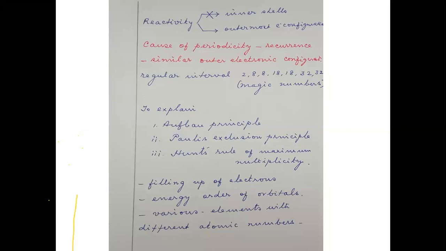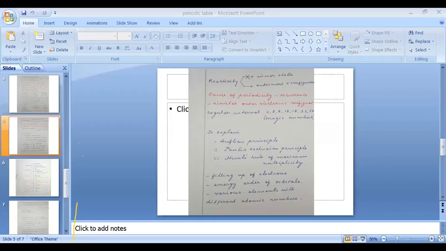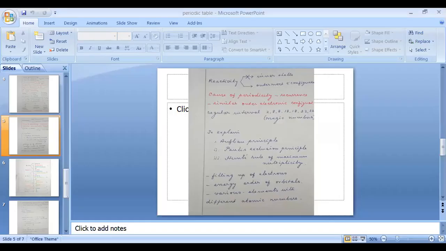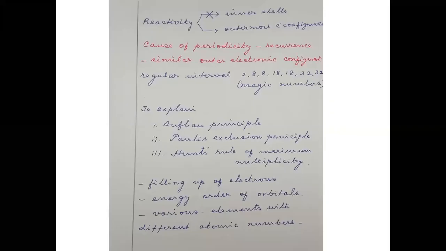That is why they are called magic numbers. So that is the cause of periodicity. At regular intervals, the characteristics get repeated.